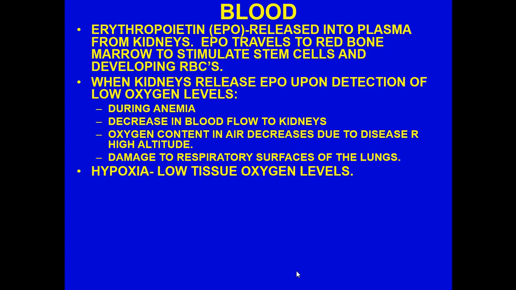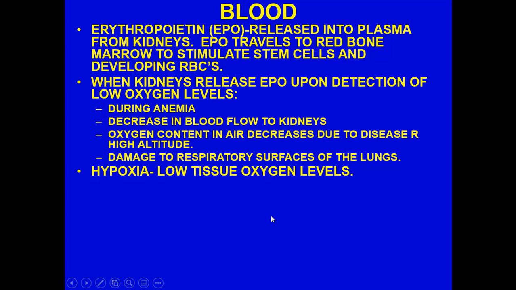The kidneys release EPO upon detection of low oxygen levels. This can be due to anemia, a decrease in blood flow to the kidneys, oxygen content in the air that decreases due to disease or high altitude, or damage to respiratory surfaces of the lungs.